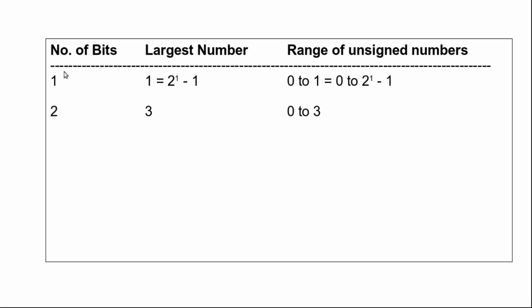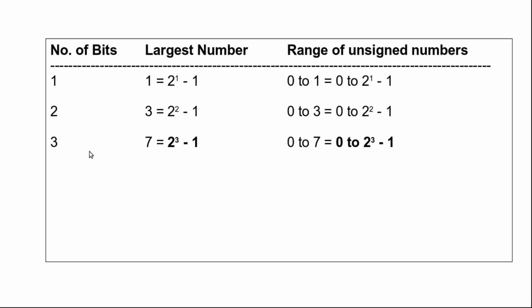We also saw that when we have 2 bits, the largest number we can represent is 3, and the range is 0 up to 3, and 3 we can now write as 2 to the power 2 minus 1, and hence the range is also 0 to 2 to the power 2 minus 1.